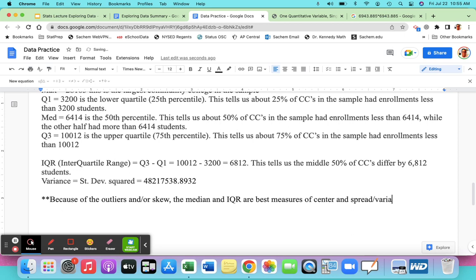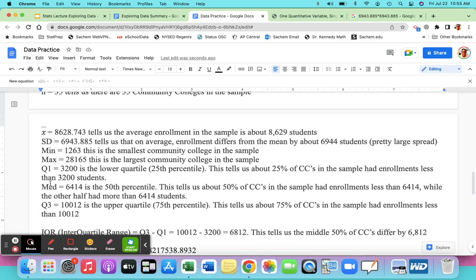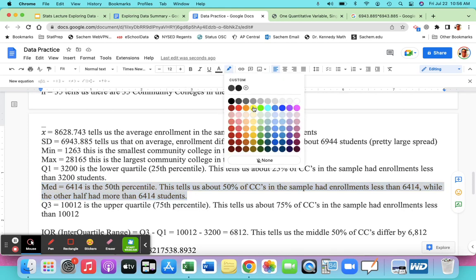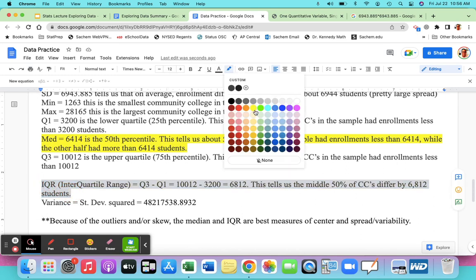I say spread, which is kind of casual. Variability is a better statistical term, but you might hear me say spread. So these are the best measures. I'm going to highlight those. All right, so if I was writing out a nice description, these are the ways I would describe the center and spread.